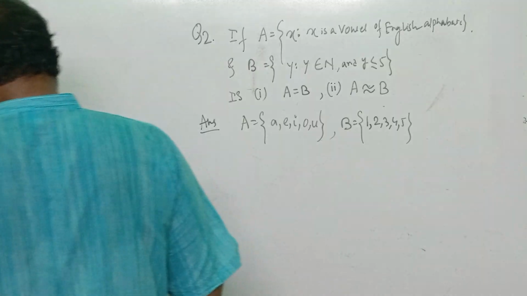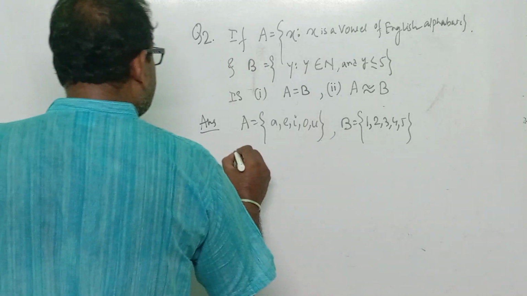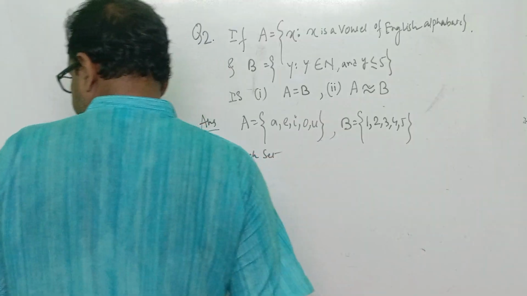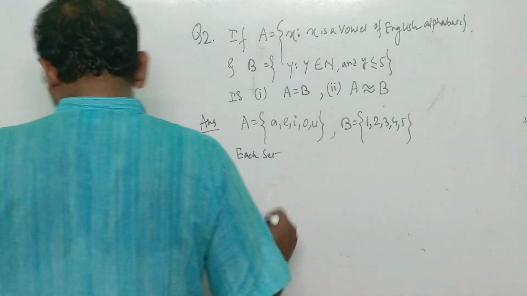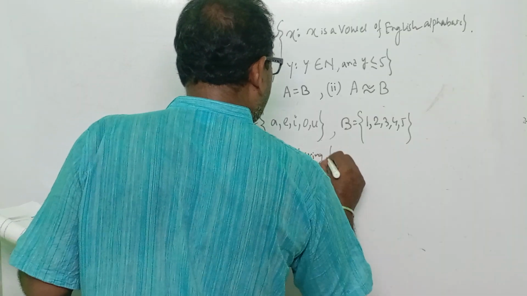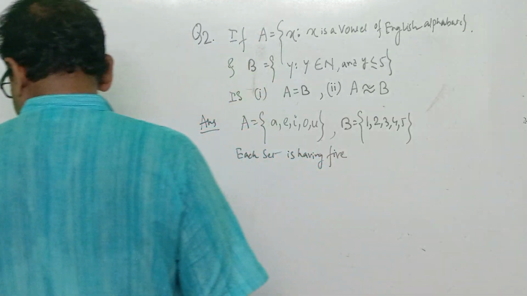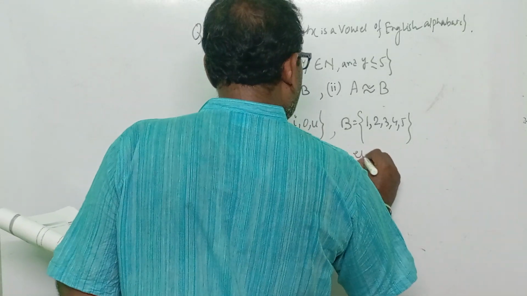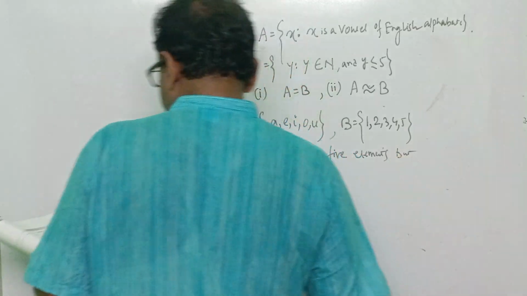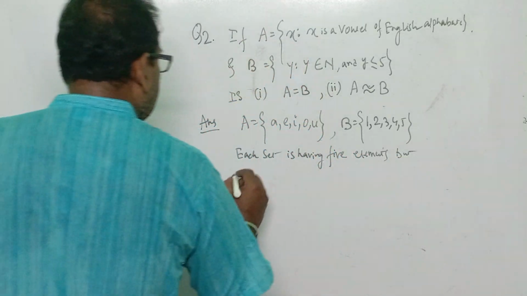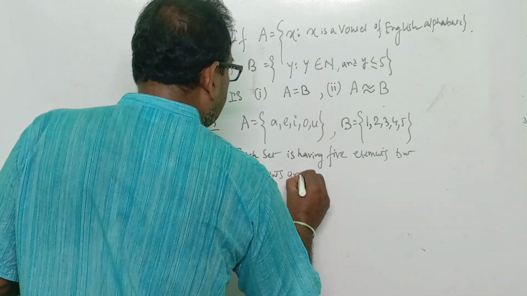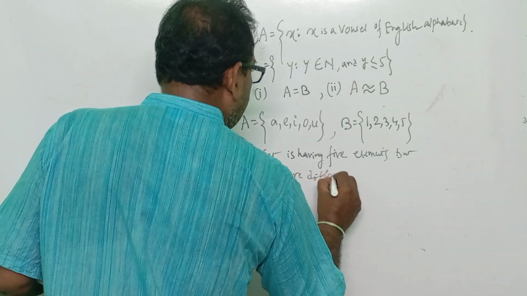So how do we write that? Each set is having 5 elements, but the elements are different.